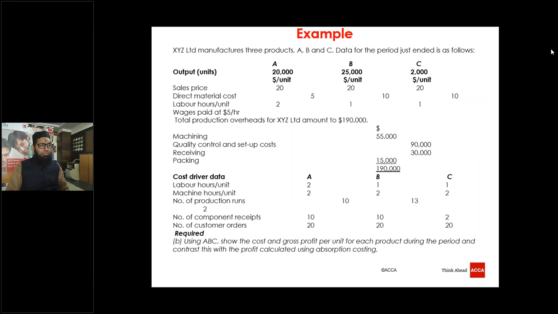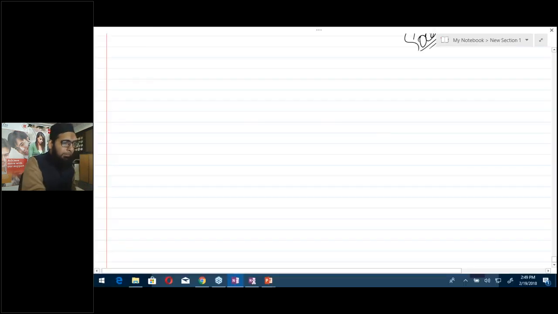Now, this is almost the same question as before, but now we have a bifurcation of all the overheads. The selling price of each product, the products being A, B, and C, is the same, that is 20.